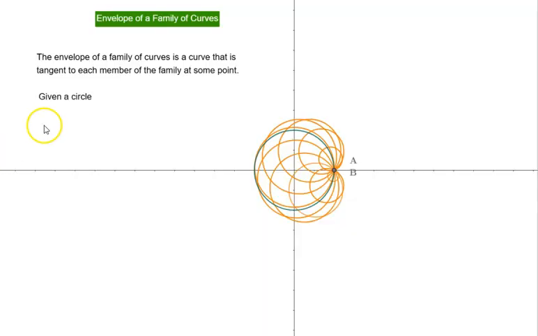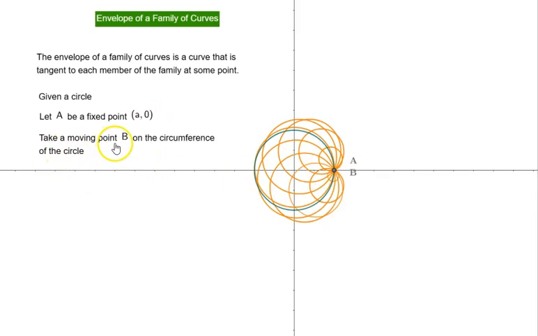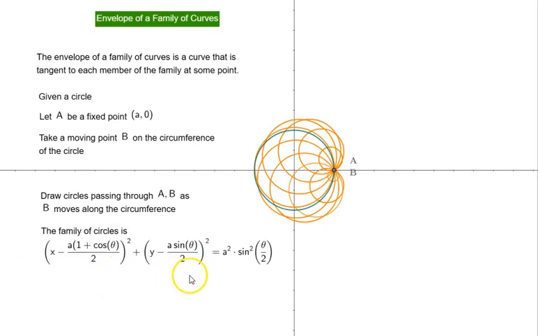Now, we are given a circle. We have taken a fixed point A as (a, 0), taking a moving point B on the circumference of the circle, draw circles passing through A and B as B moves along the circumference. So the family of circles that we have arrived at is this.